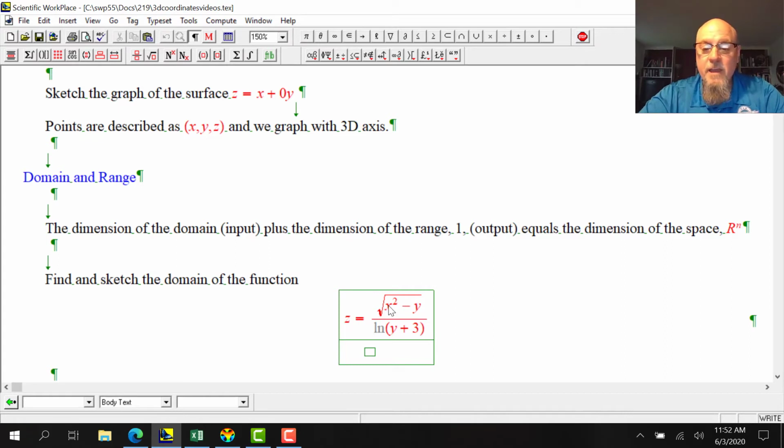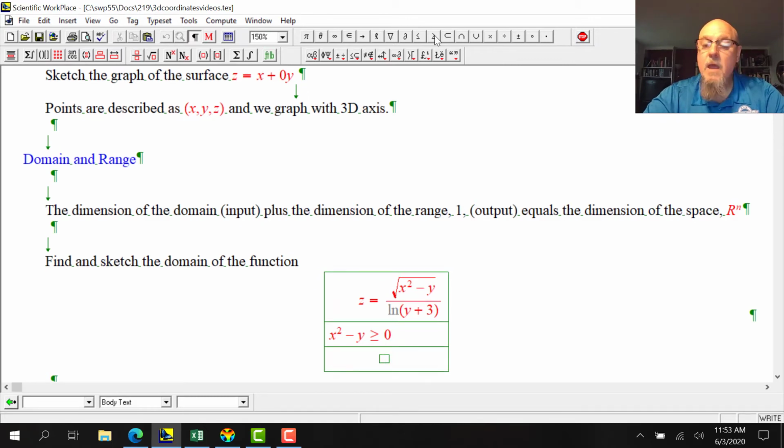The thing under the square root sign, the x squared minus y, has got to be greater than or equal to 0. That has to be true. I can't divide by 0, so the ln of 1 is 0, so y can't be equal to negative 2, because that would make you take the ln of 1, which is 0, and then you divide by 0.